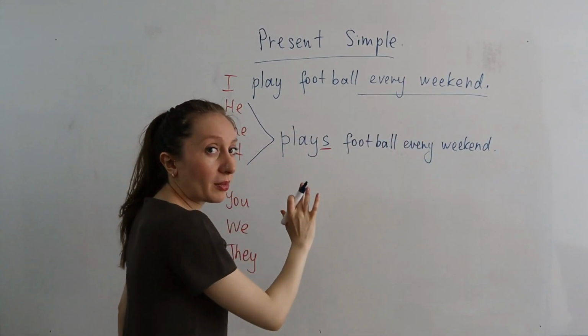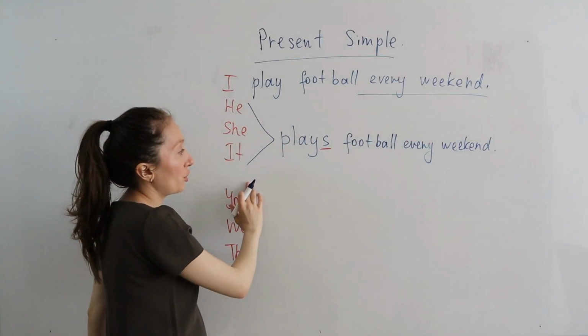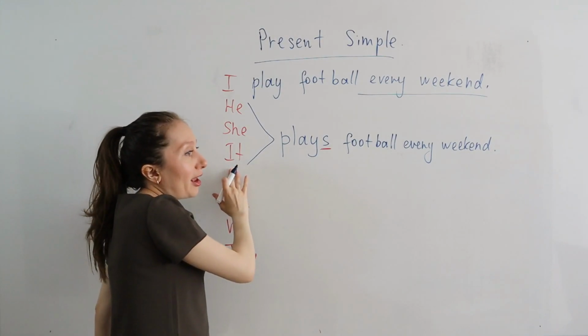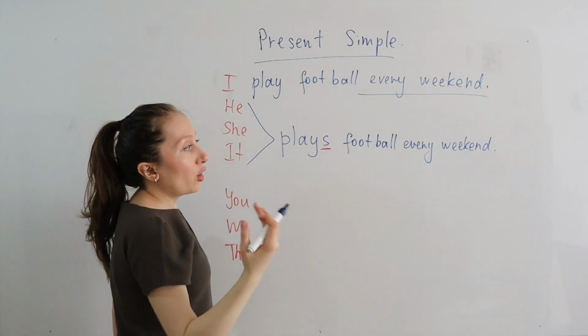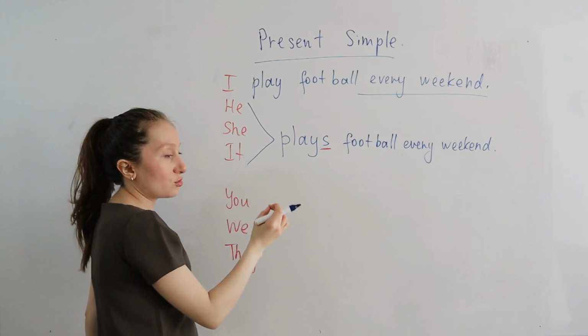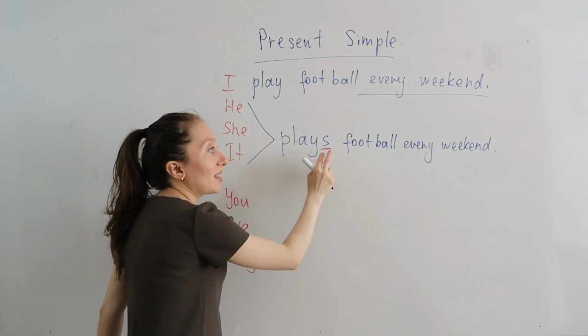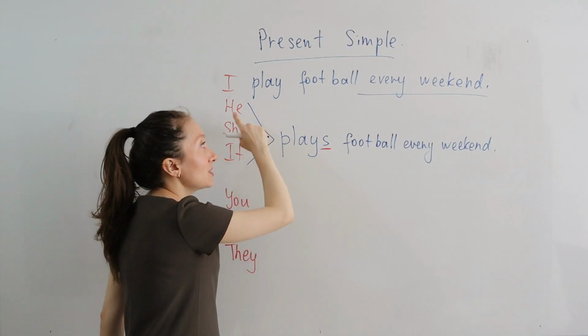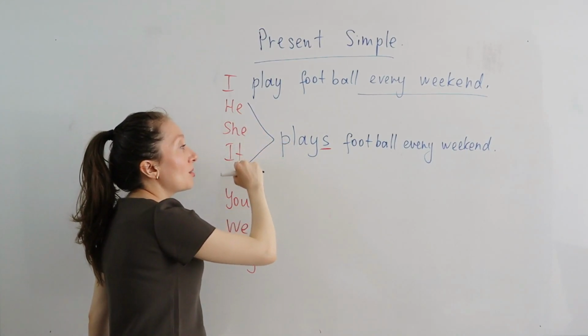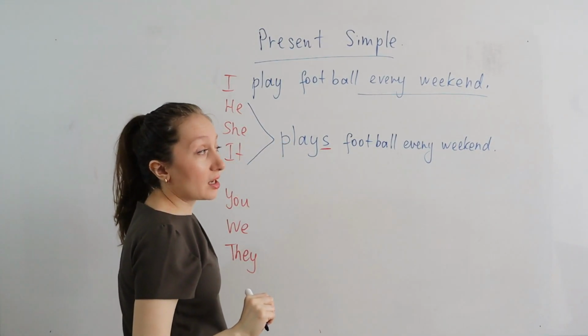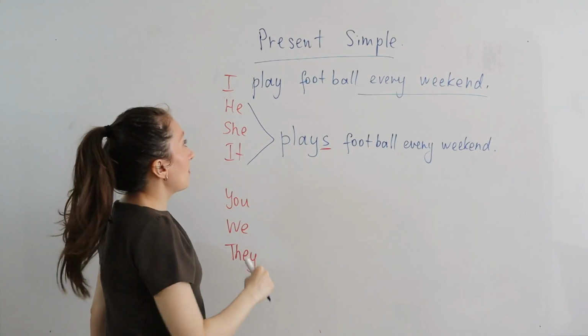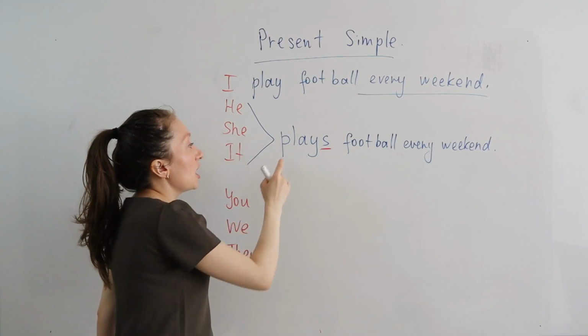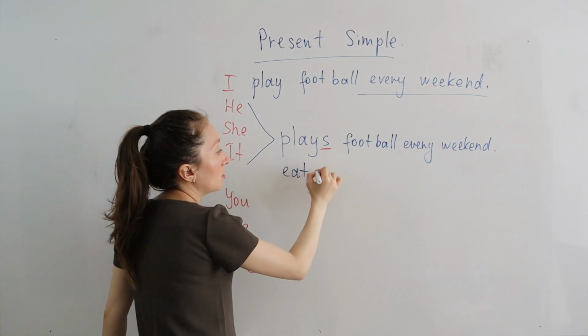I will show you, remember, I will show you just the structure here. Maybe you cannot say it plays football every weekend, but to understand the structure, I want to say that you have to add s ending to the verb that comes with these pronouns, right? So any verb, for example, he eats, she eats, right?